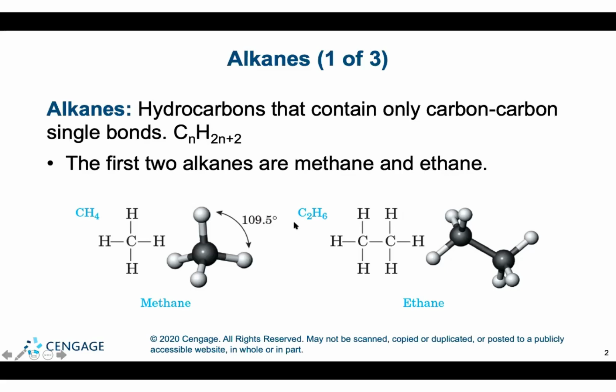The important thing I want to tell you is that the alkanes have a very important formula, which is CnH2n+2, and you can use it to find the formula of the alkanes. For example, in CH4, you have one C, so you put C1 here.